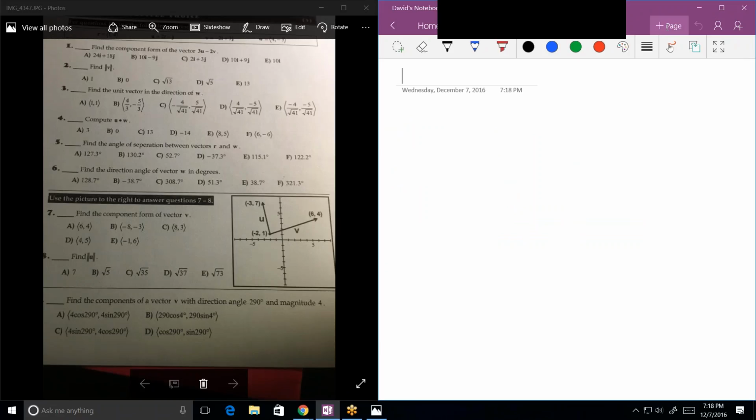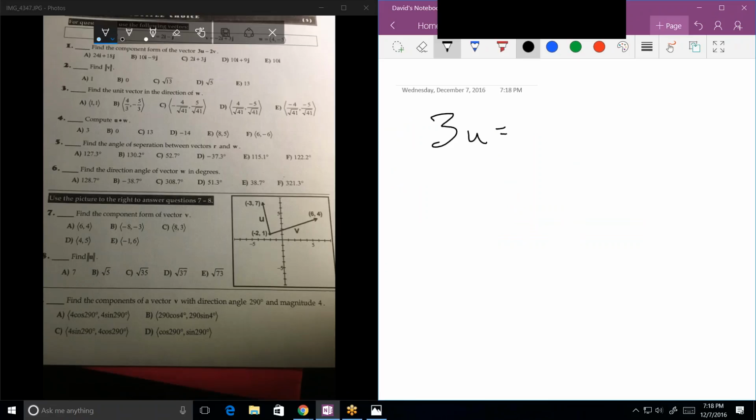Now, what is 3u? 3u is equal to 3 times their u vector, which is 2i minus j. So what's that times 3? 6i minus 3j. So that's 3u. And 2v is what? Minus 4i plus 6j.